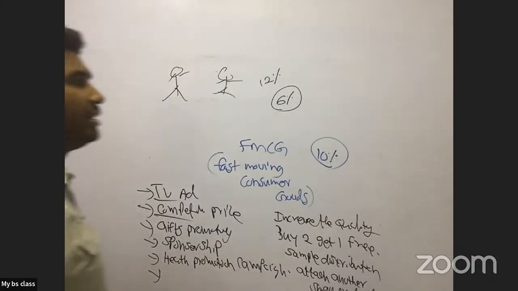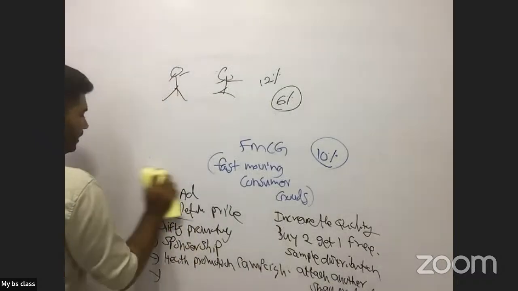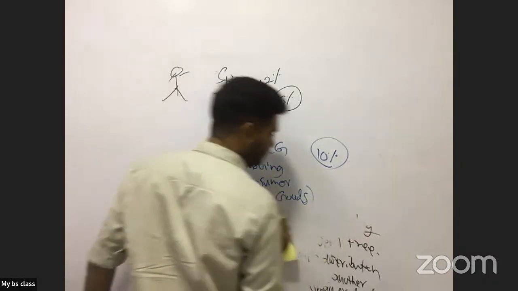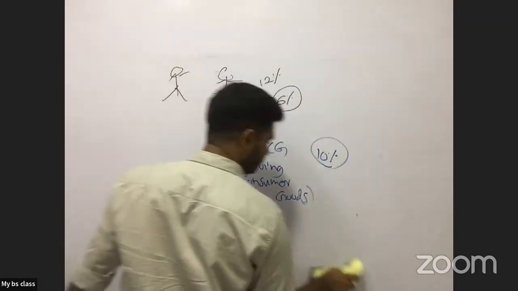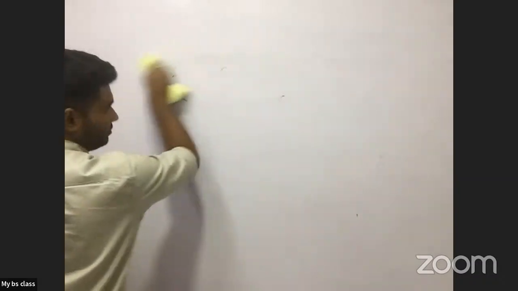Because we know marketing is always adding value and satisfying customers, then you can increase the sales, no? What are your suggestions on how Nimal can enhance the customer satisfaction?